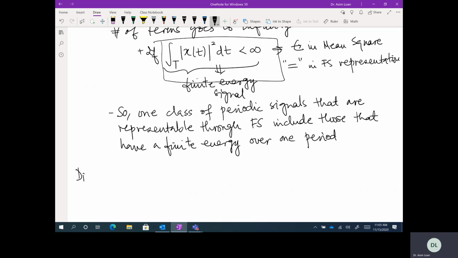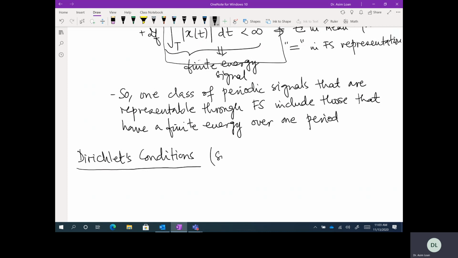So Dirichlet actually came up with these conditions later on, which are sufficient but not necessary. So there may be signals that violate these conditions, but the Fourier series representations still exist.